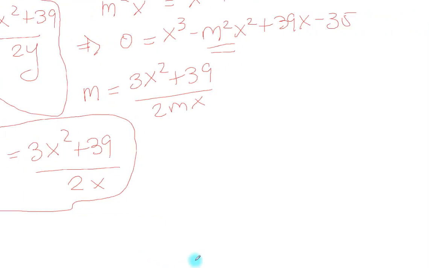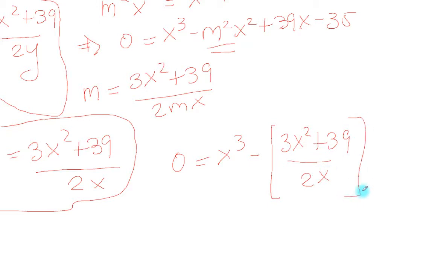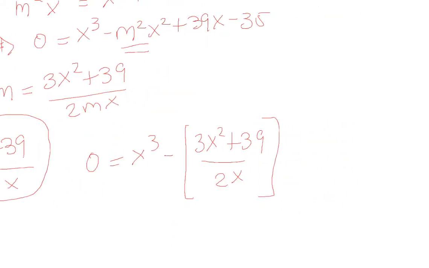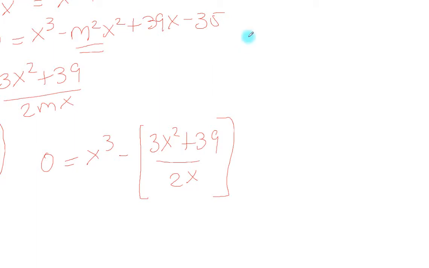Now we can substitute this equation into the other equation. And what do we get? 0 equals x cubed minus m squared, which is (3x squared plus 39) over 2x, times x squared, plus 39x minus 35.